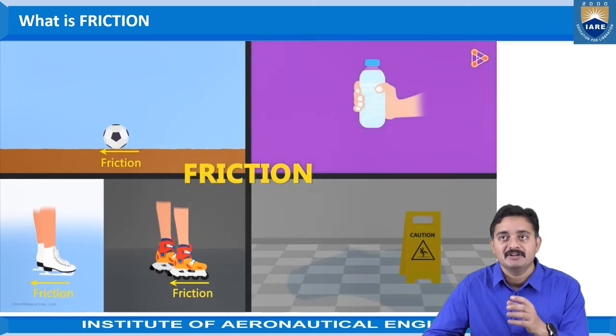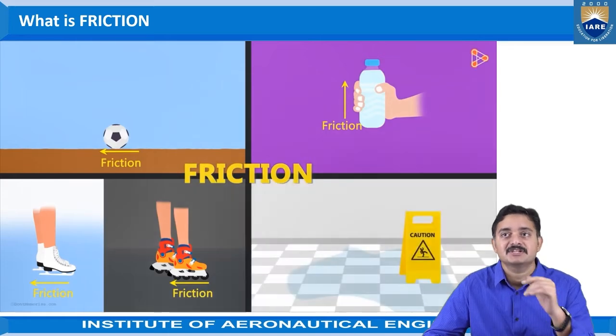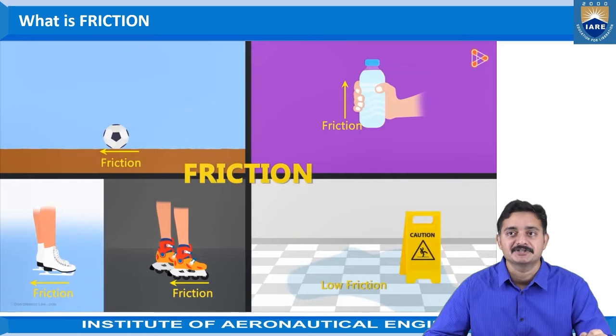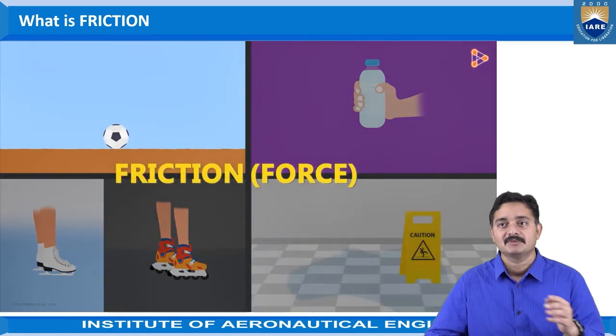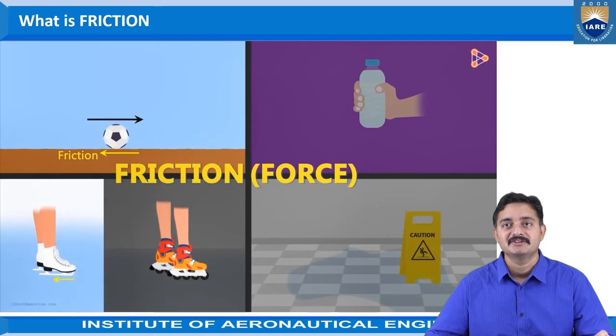When we hold the bottle, the bottle tends to move downwards, so we apply some force so that the friction will be applied in the upward direction. Then coming to the floor, that friction will be less, so that we will be slipping. Always the friction will act in the opposite direction to the movement of the object.